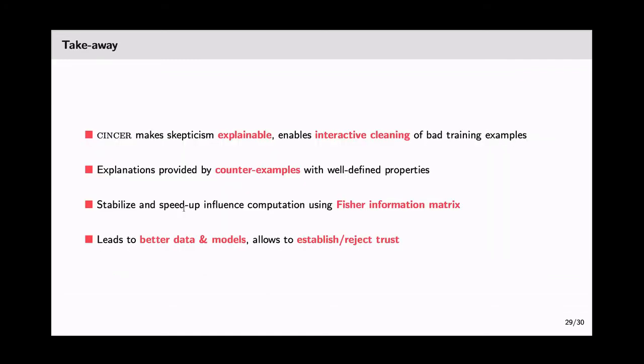Okay, to conclude, if you take away, we show CINCER, which basically makes skepticism explainable. So basically, using an interactive cleaning strategy, we are able to clean bad training examples in our training set.